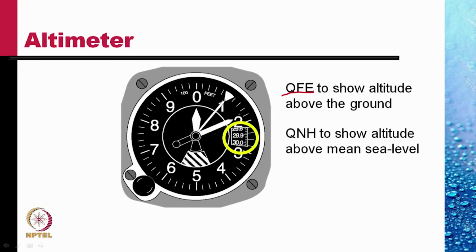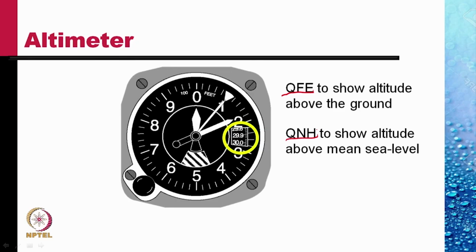On the other hand, when you are flying from one city to another over long distances, in the airways in between, we set the window to QNH, which is 29.92 inches of mercury, the pressure at mean sea level, or 760 millimeters of mercury.